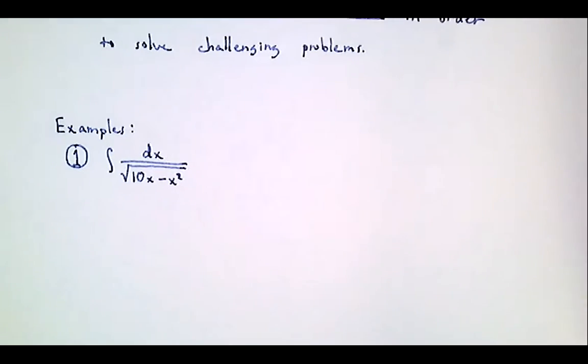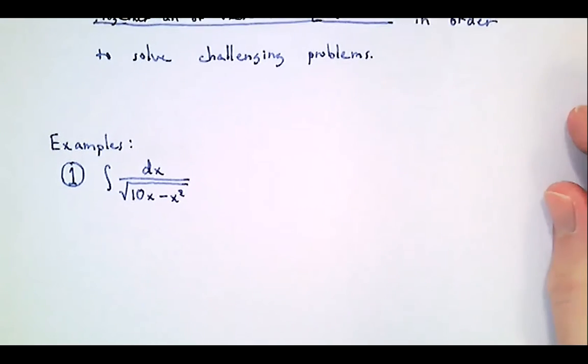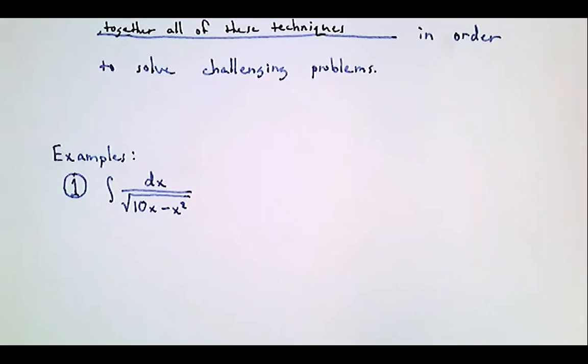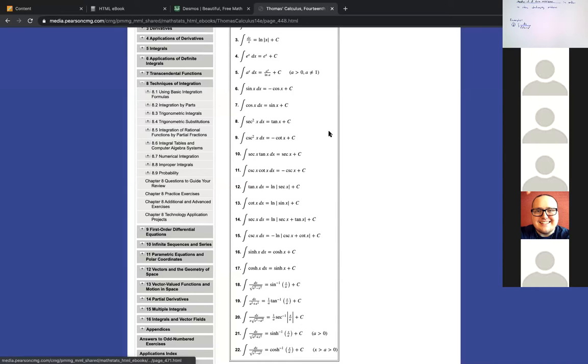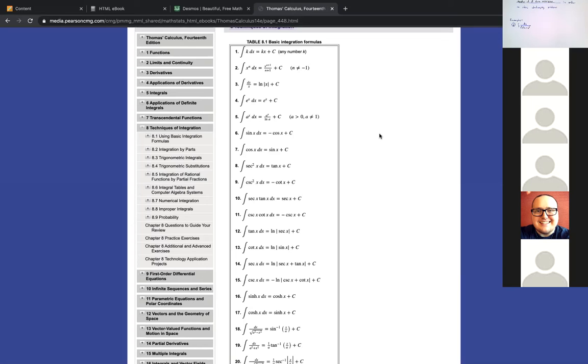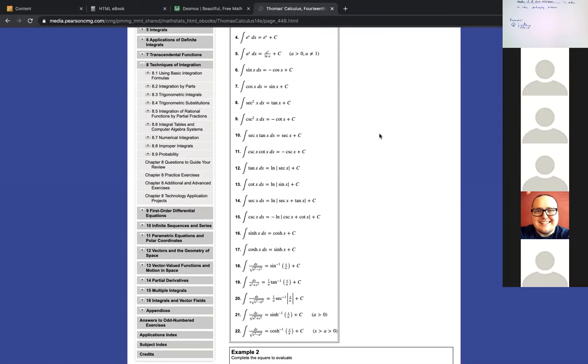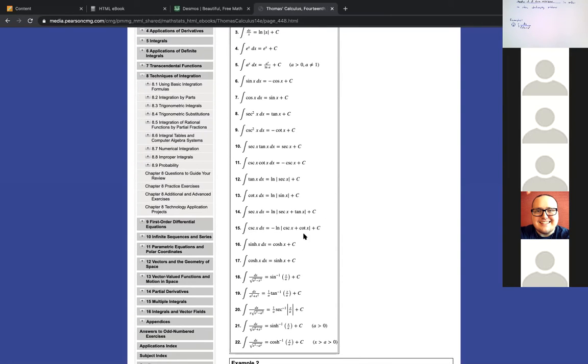For example, this problem, if we take a look at the table again, we'll see that this particular integral doesn't show up anywhere in our integral formulas, but there are a few down here at the bottom that look a little bit similar to what we're looking at, in particular, number 18 here.